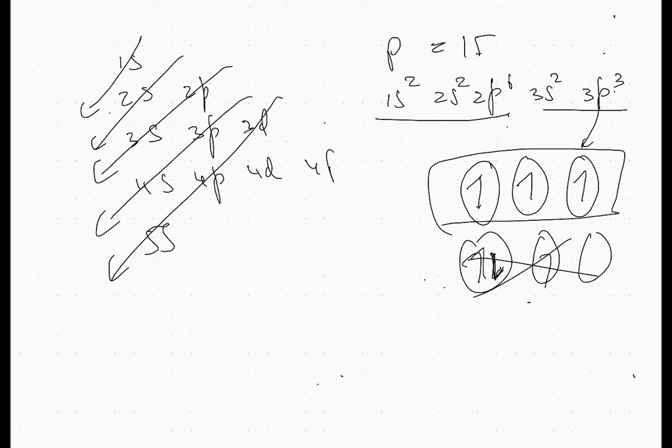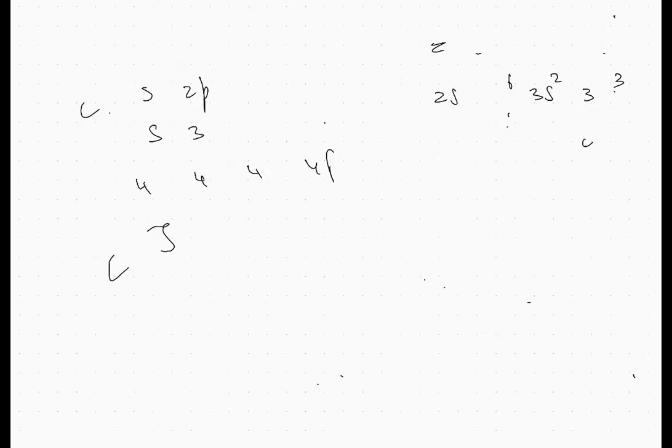Then you also need to know how to write the abbreviated configuration. Abbreviated means if you are given an element whose electron configuration is asked, you have to see the nearest inert element or noble gas, and then you follow that. So they're asking what is the electronic configuration of iodine?